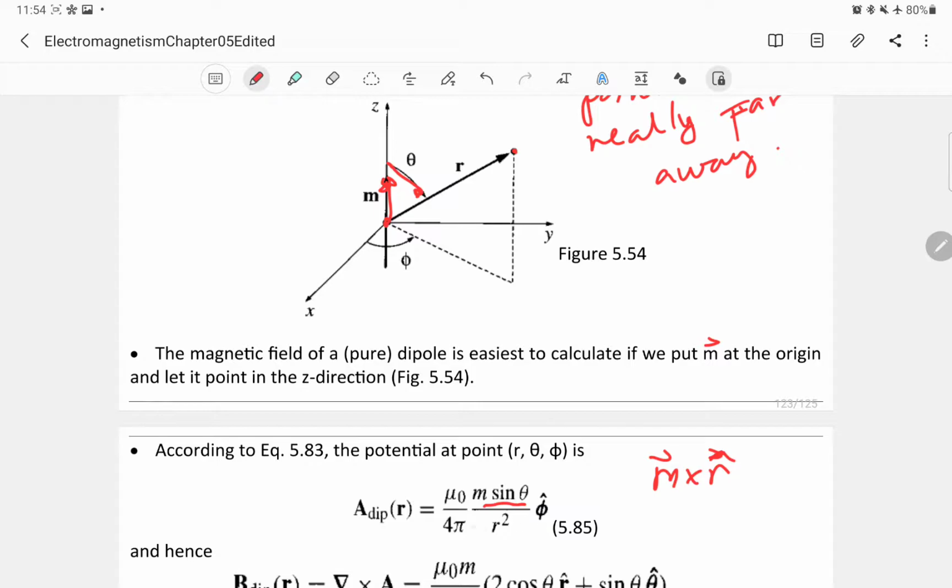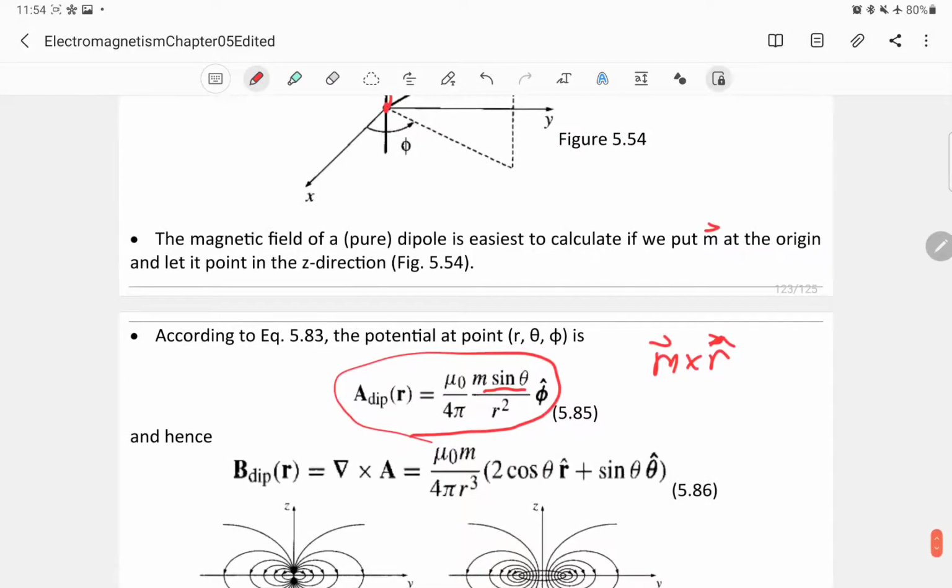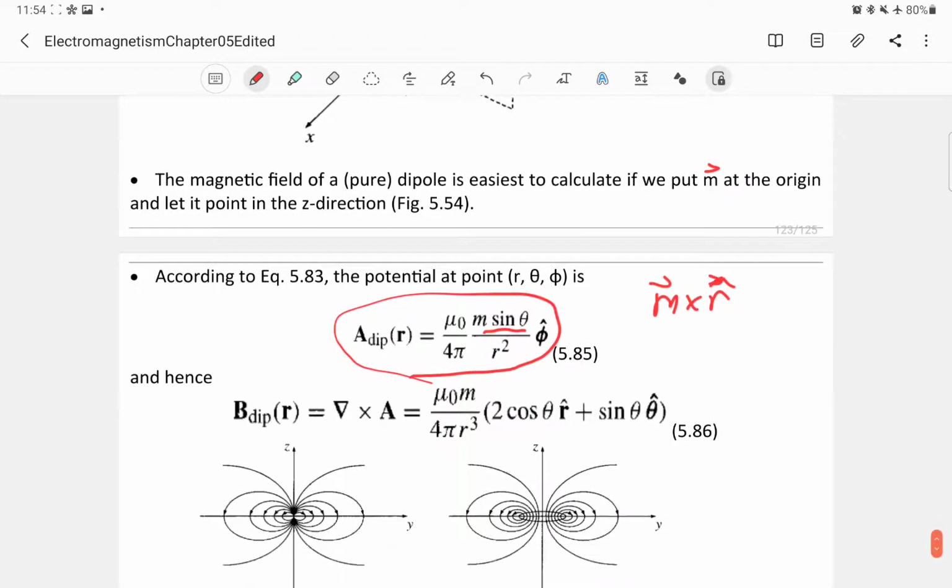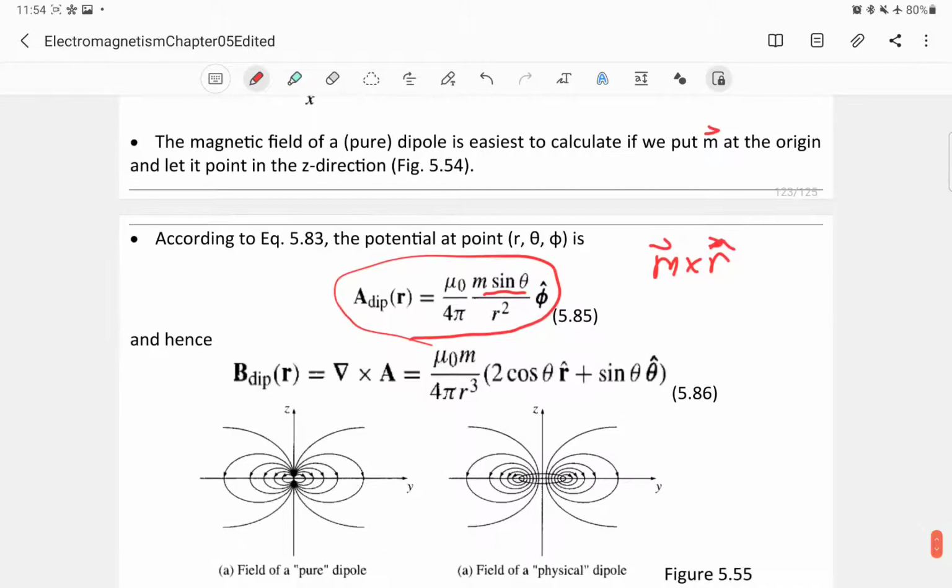So you will have this as your vector potential very far away for a pure dipole. If you get the magnetic field, you just take the curl of A, and then the curl of A will be the magnetic field of a dipole far away, and this is just equal to this one.